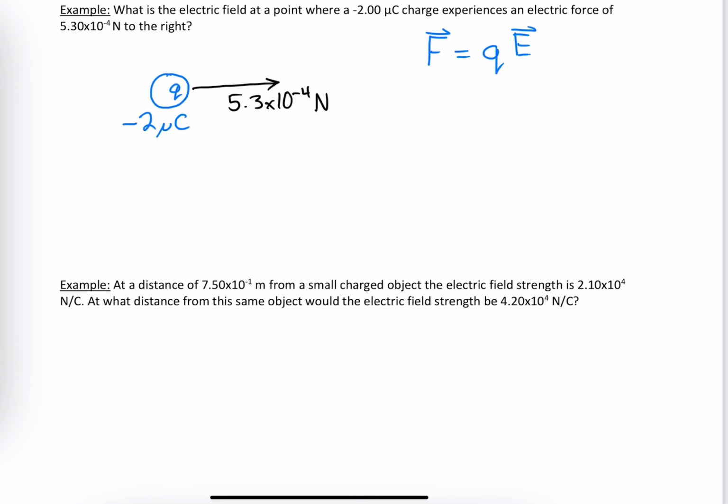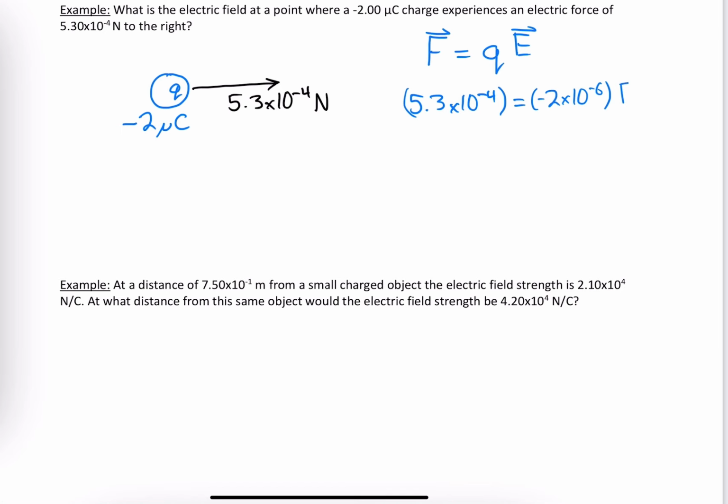And that should jump out at us, even if we just plug some numbers in here. So for the force, I have 5.3 times 10 to the -4. For the charge, I have -2 times 10 to the -6.